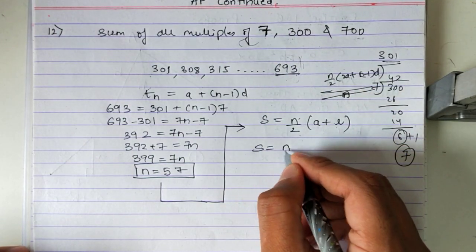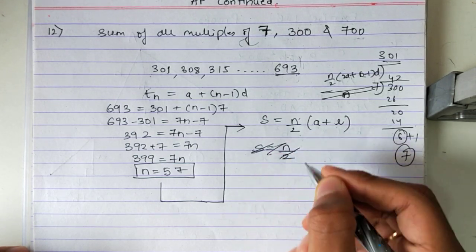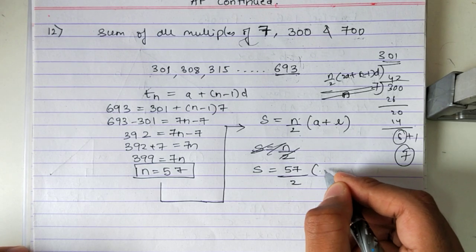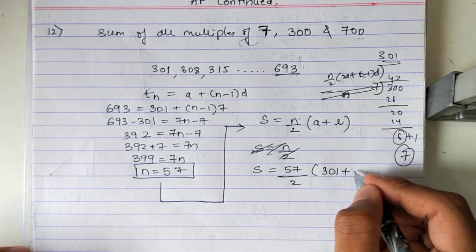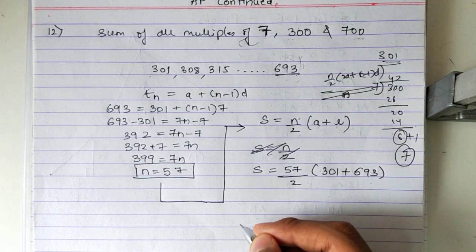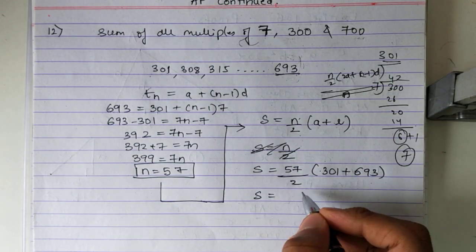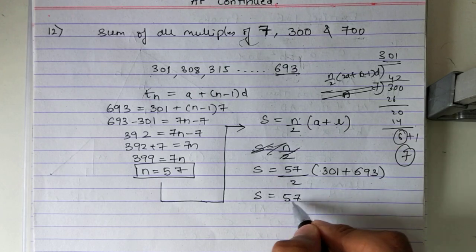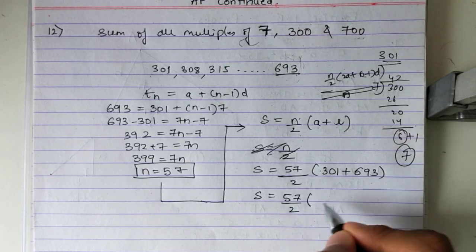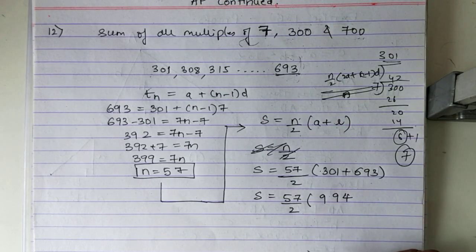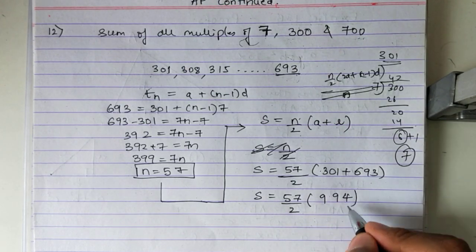n is 57, a is 301, last term is 693. 301 plus 693 is 994.